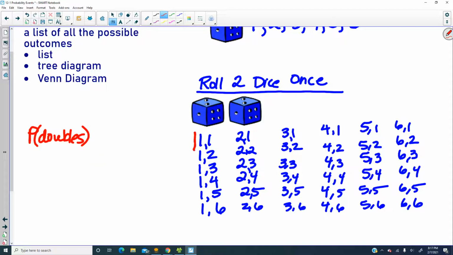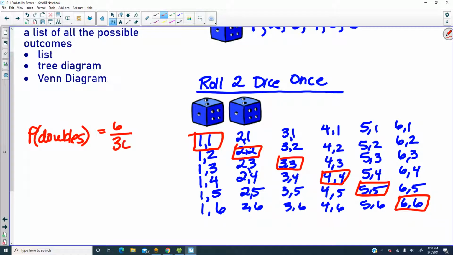So I could get a 1 and a 1, 2 and a 2, 3 and a 3, 4 and a 4, 5 and a 5, and a 6 and a 6. So there's 6 ways I could get doubles out of how many outcomes are there? 6 times 6, so 36, which is a 1 in 6 chance.